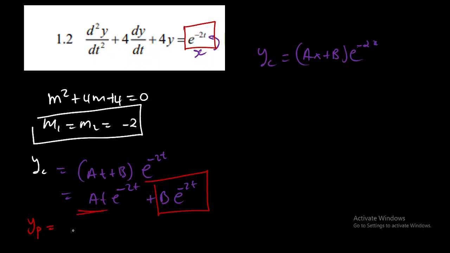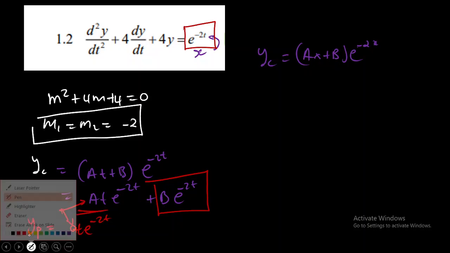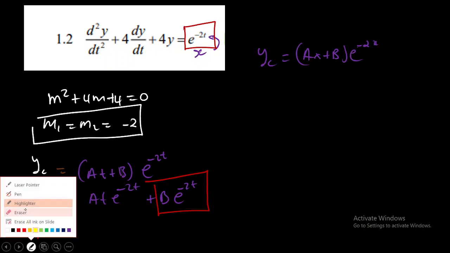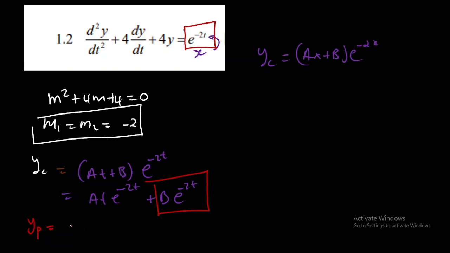For example, let's say our YP was supposed to be a e to the exponent minus 2t, and then we multiplied it by t. You can see that this part and this part are still the same. You're still having a special case. So in this problem, we're going to multiply it by t squared instead of multiplying it by a single t.